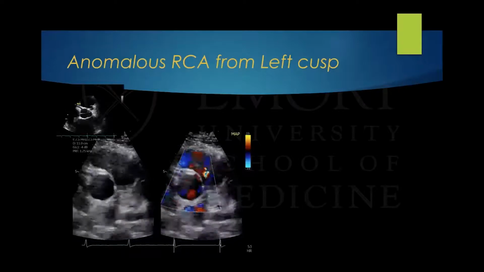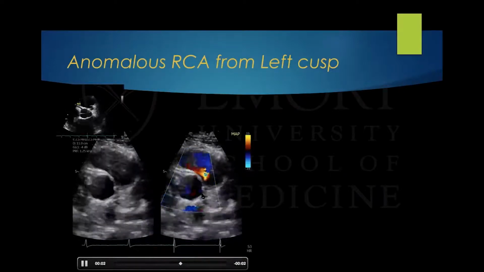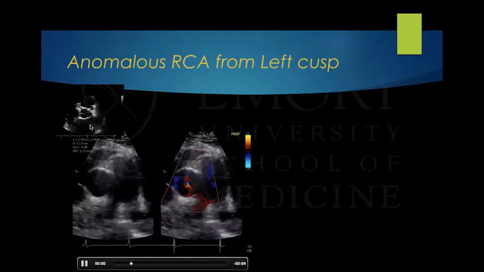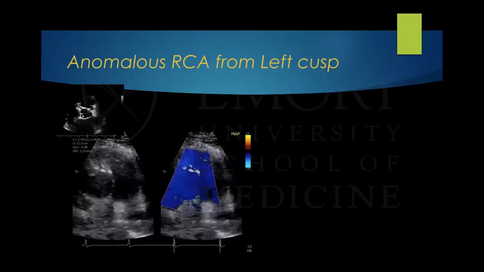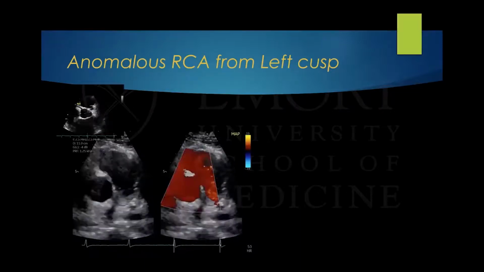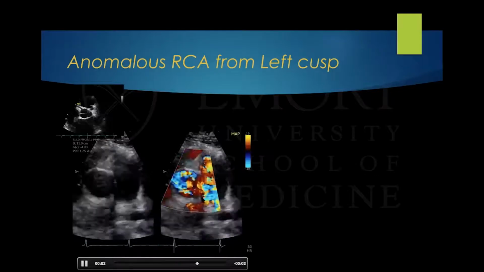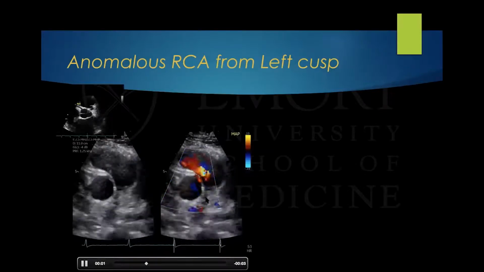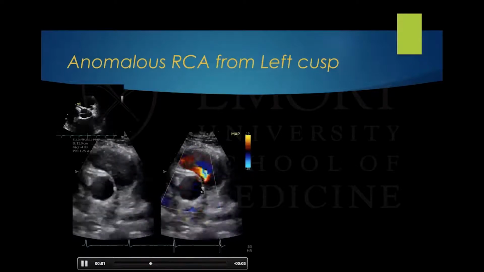Moving now to the most common one, the anomalous right from the left cusp. I just put a picture up here so you can appreciate what a normal right coronary should look like. This is the right cusp, your right coronary. But in this case, the color may be the only way you can appreciate the anomalous origin of that coronary.